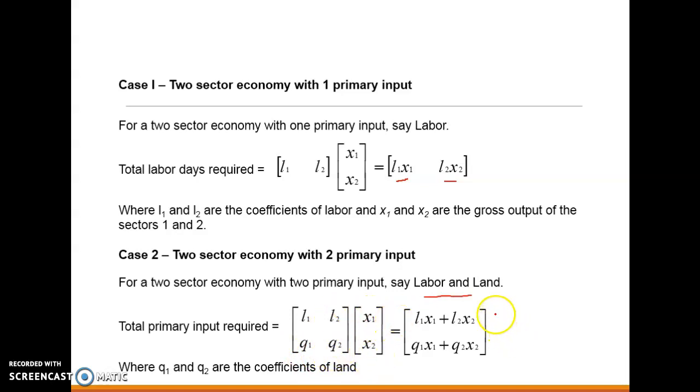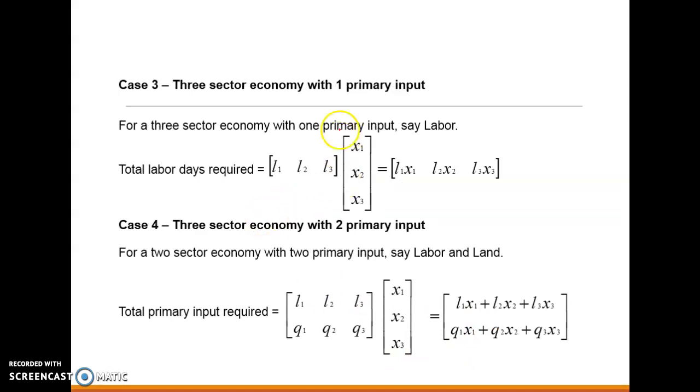So the total labor required for both industry 1 and 2 is L1 X1 plus L2 X2. Similarly, for land, it is Q1 X1 plus Q2 X2. So these are the total primary inputs required for the industries: this is for total labor, this is for total land.